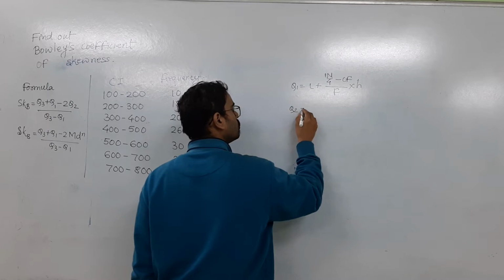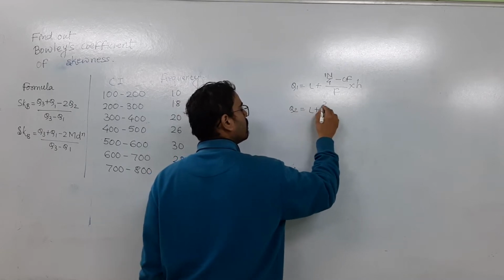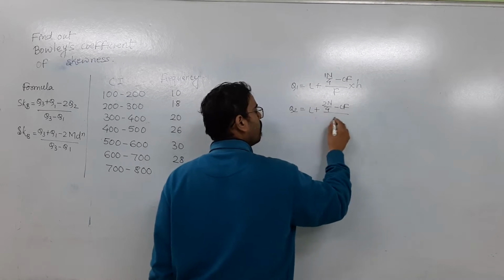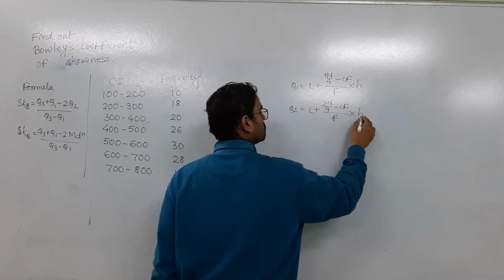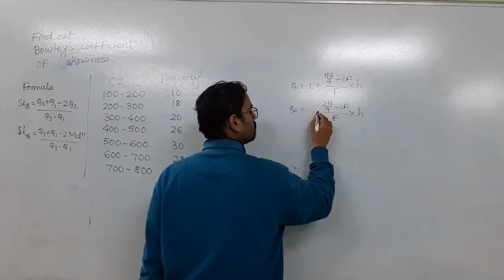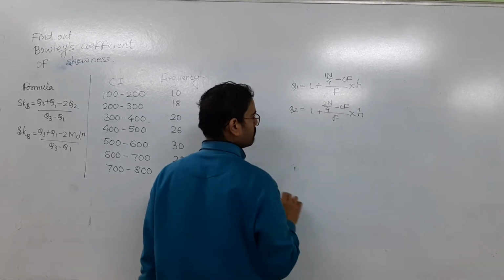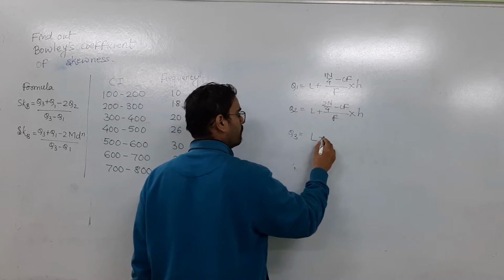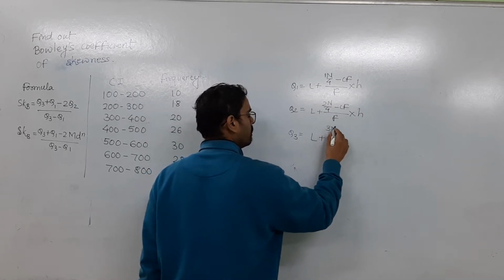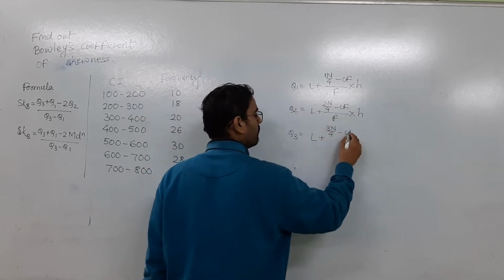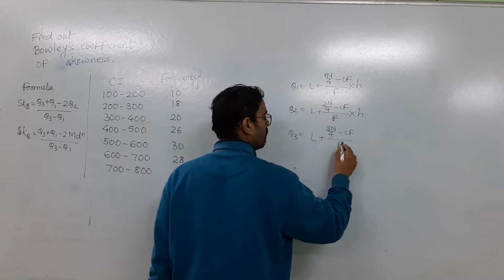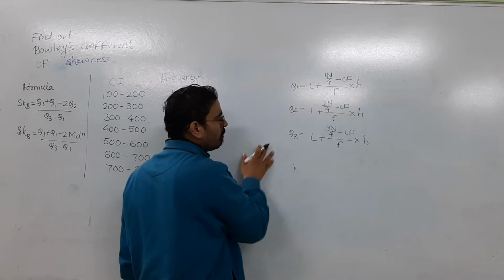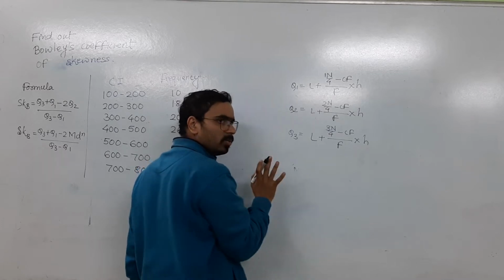For Q2, it is 2n by 4, minus Cf upon F into H. Make sure that you write L here. Now Q3. What is Q3? L plus (3n by 4 minus Cf) upon F into H. Okay, so these are the formulas of Q1, Q2 and Q3.